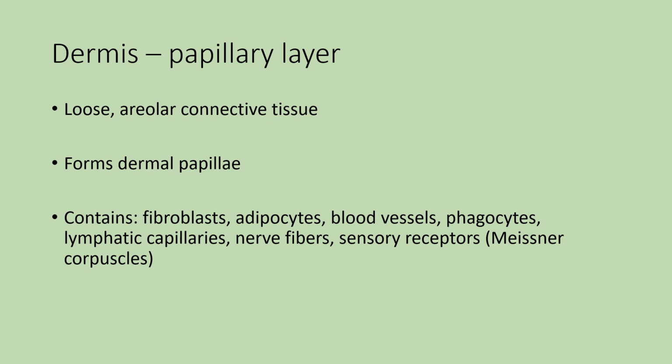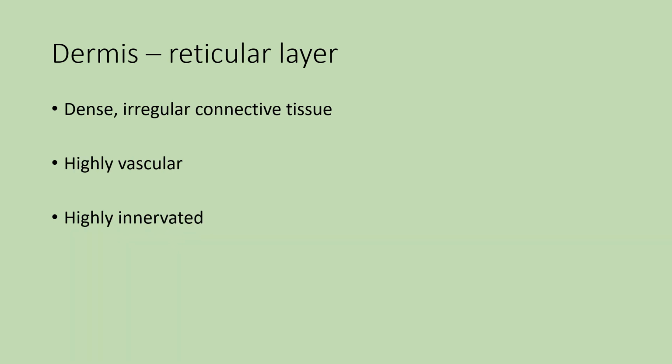You have lymphatic capillaries, you have nerve fibers, you have sensory receptors in here. So there's quite a bit of other cells that are associated within the dermis layer. The reticular layer is still connective tissue, but it is dense, irregular connective tissue. Once again, it's highly vascular and it's highly innervated. Innervated means it has nerves running through it.